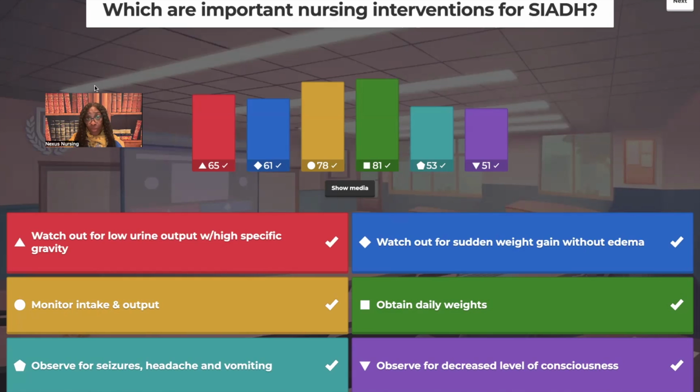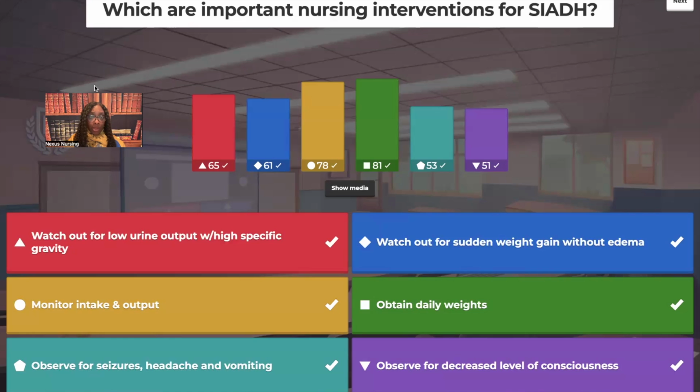It is not I&Os. It's not skin turgor. We're still going to do I&Os. We're still going to check the patient's skin turgor, but the number one way to assess the patient's fluid status is always going to be daily weights. You're going to take that patient's weight in the morning, same time, same scale, same type of clothes, every single time.